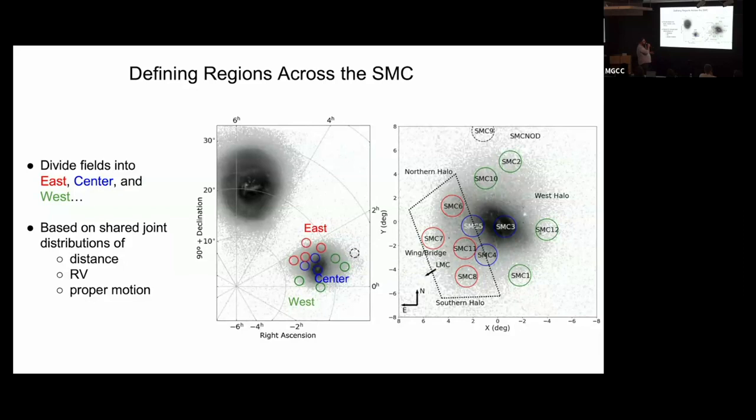We based our subdivision of the SMC on a shared joint distribution of distance, radial velocities, and proper motion, with the red being the eastern side, the blue the center, and the green the western periphery of the SMC.